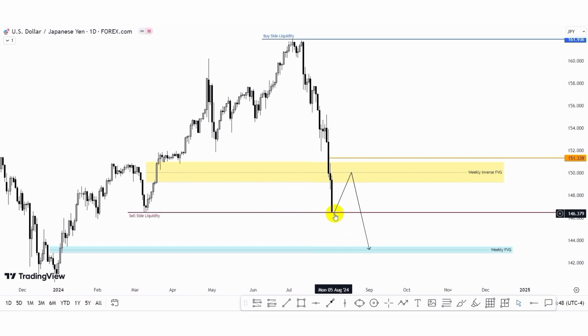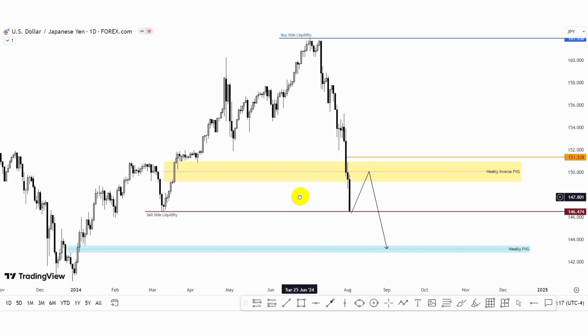So we want to see price give us this bullish move to mitigate these fair value gaps. So we could see price take out Friday's high points, and then we see price further fall to the downside, or price may push to the upside and then give us a very sharp movement to mitigate this other fair value gap. And then we have the continuation of the bearish momentum to the downside.